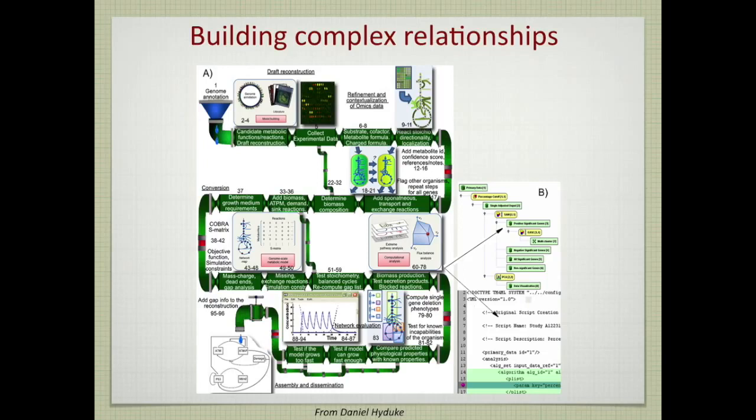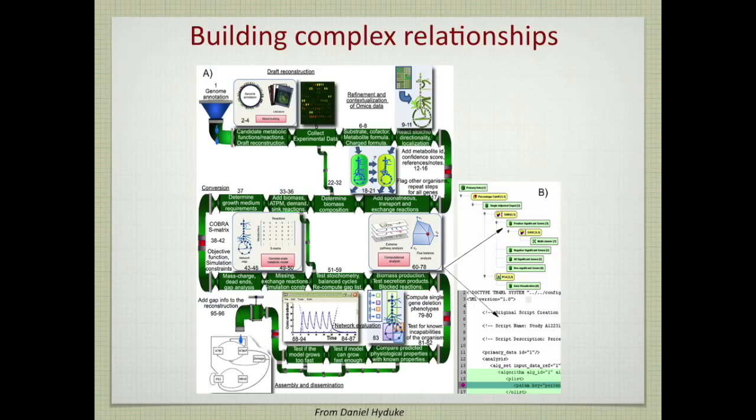And that workflow is illustrated in this slide. The workflow that is now used to build a metabolic reconstruction is comprised of 96 separate steps that you have to go through. And there's an SOP that tells you how you go through all of these steps. Some of them are automatable, some of them are not.